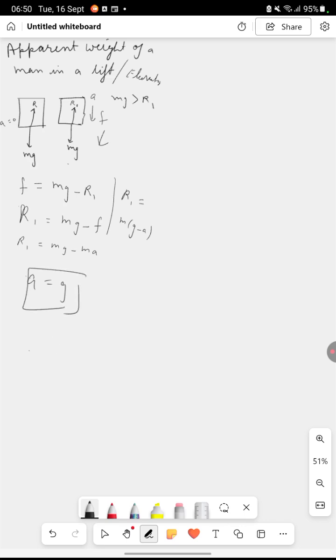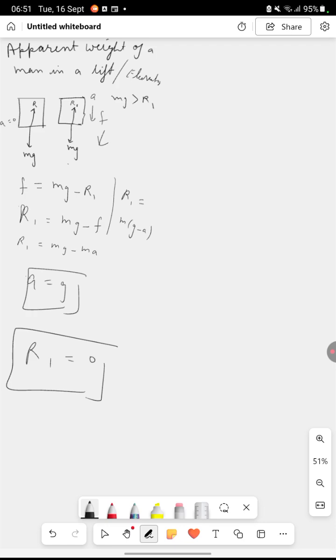Then R1 will be equal to 0. That's the condition when the man in the lift will experience zero weight. It will be the condition of weightlessness.